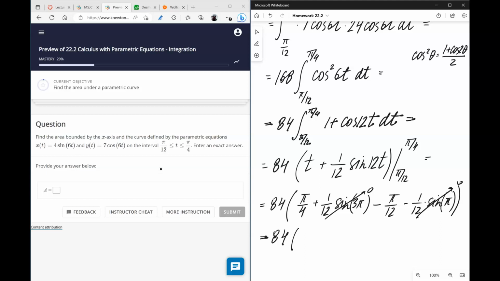Pi over 4 minus pi over 12. It's 3 pi over 12 minus pi over 12. It's 2 pi over 12. So it's pi over 6. And 84 is divisible by 6, so it looks like it's just 14 pi.